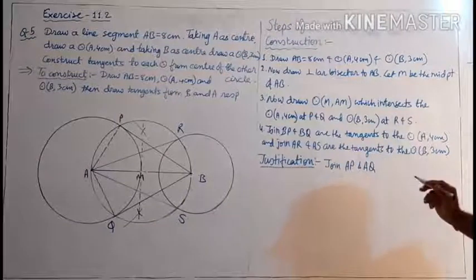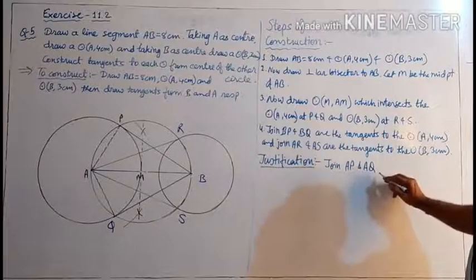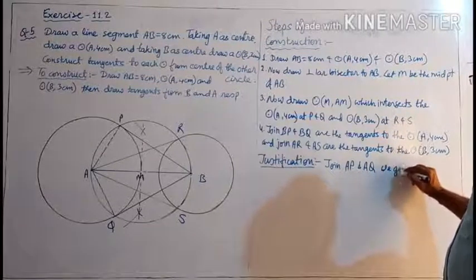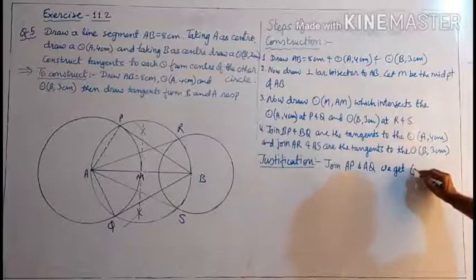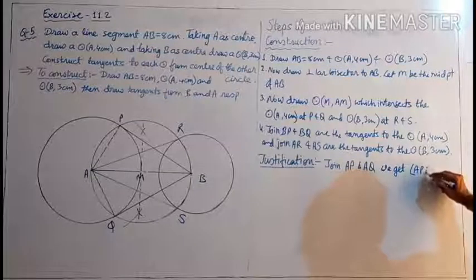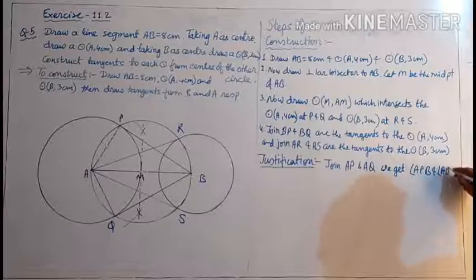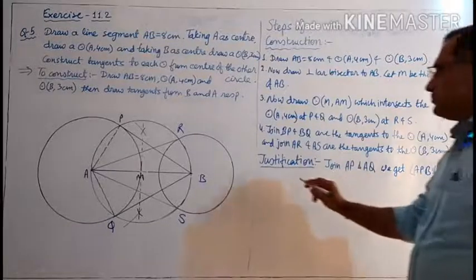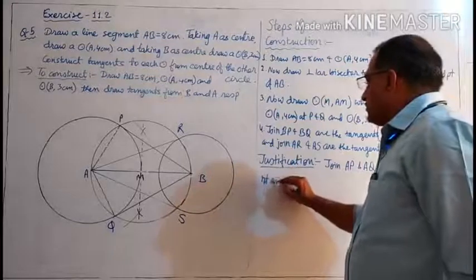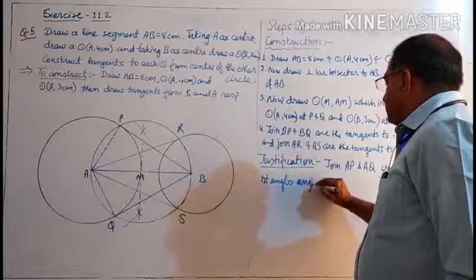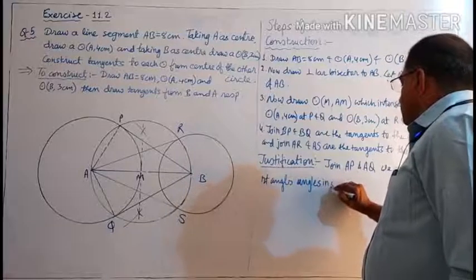We get angle APB and angle AQB, right angles in semicircle.